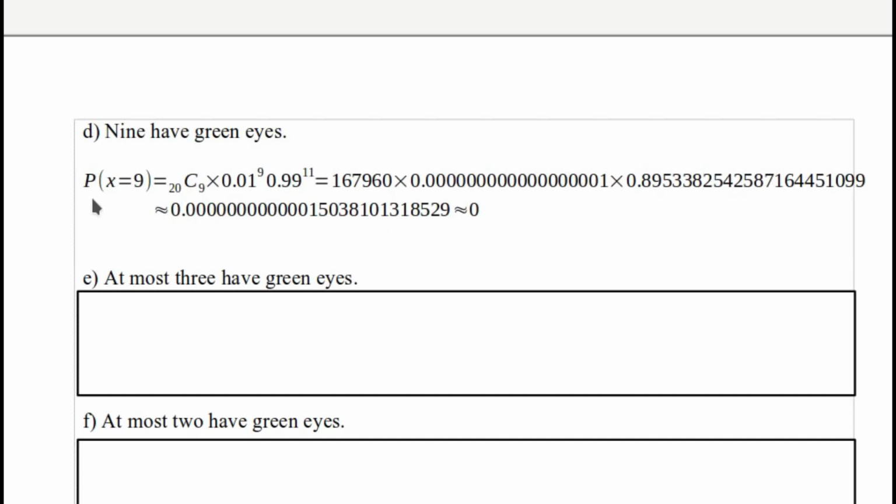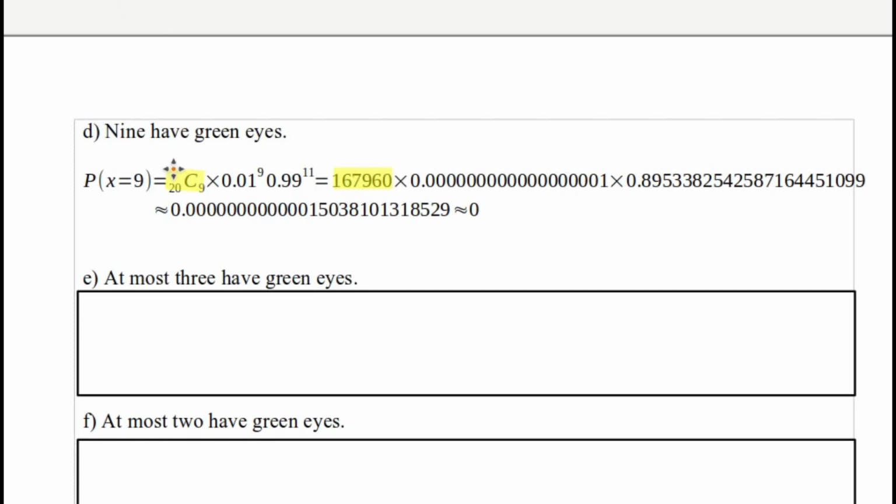So here we've got what we're interested in, the probability of exactly 9 people with green eyes. So that tells us that we're interested in arranging 9 things among 20. And that happens, well, quite a few ways. It looks like 167,960 different ways.